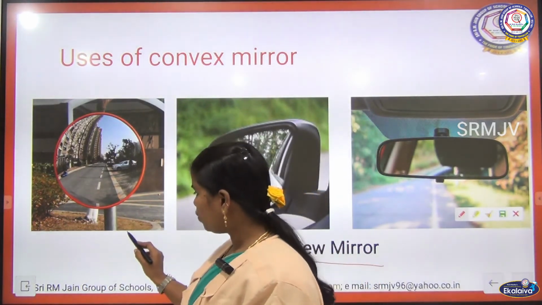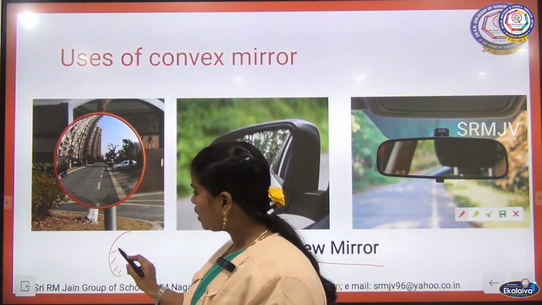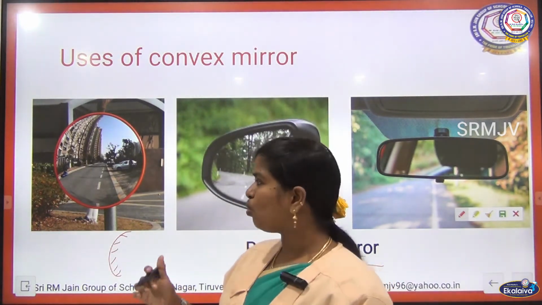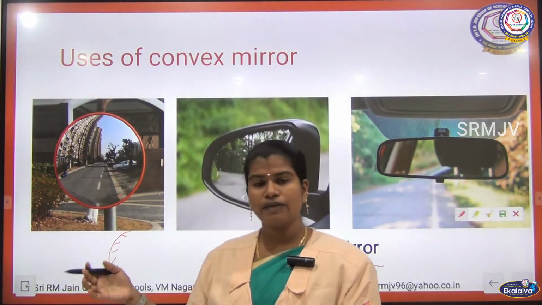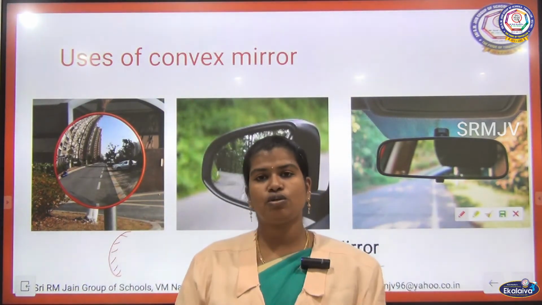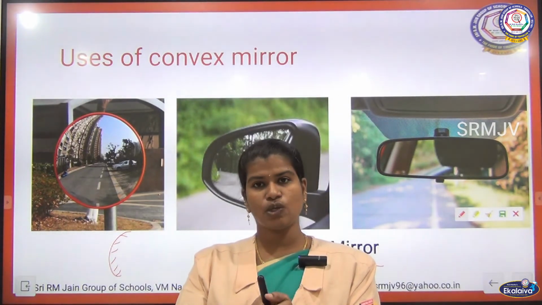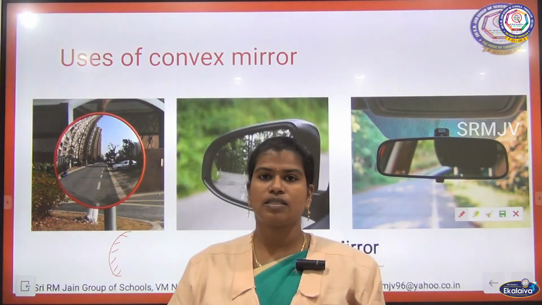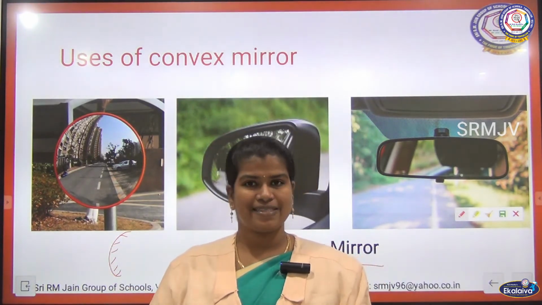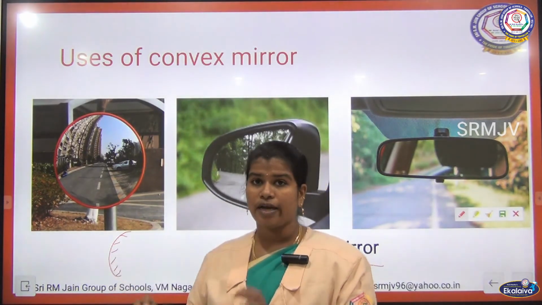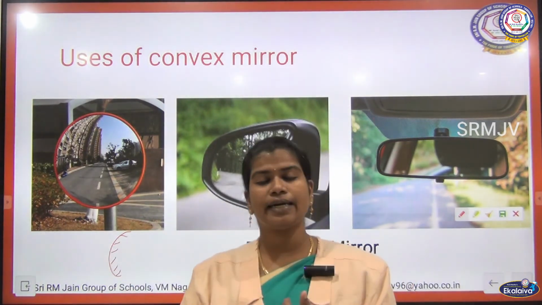As it is a diverging mirror, it covers a wide range of field, and as it covers a wide range of field, it gives a clear picture to the driver who is driving the vehicle, and it facilitates the driver to drive safely.